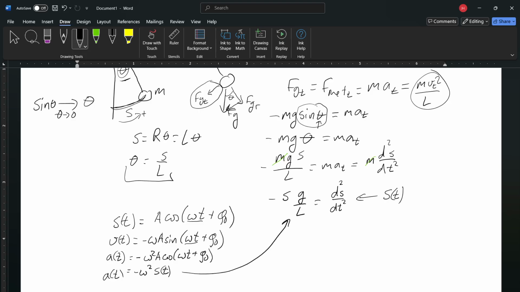And we can compare that to this and see that omega is going to equal the square root of g over L. And so we've just found that this pendulum motion is also oscillatory and simple harmonic, with the angular frequency being square root of g over L. So it doesn't depend on mass at all. It does depend on the inverse square root of L and g.